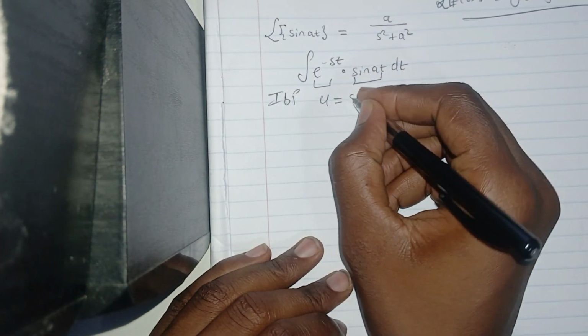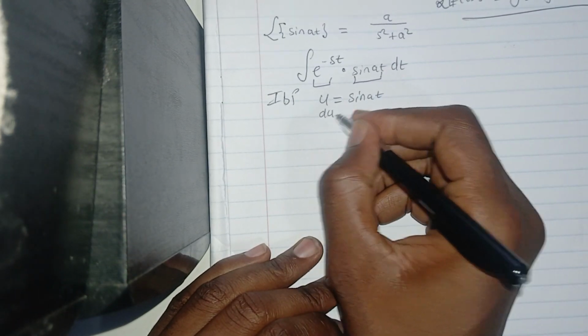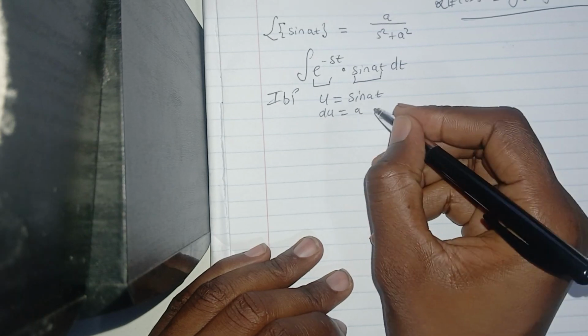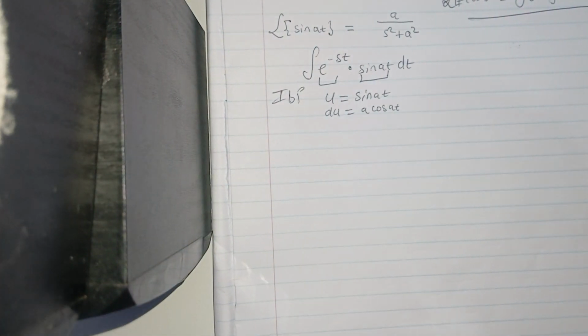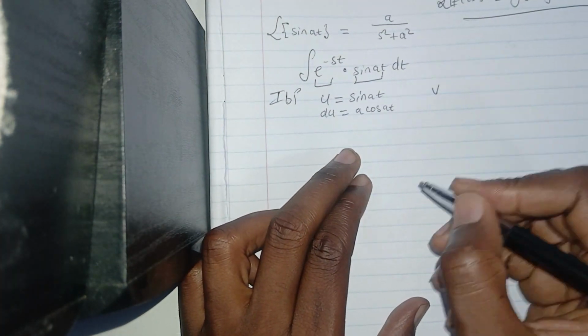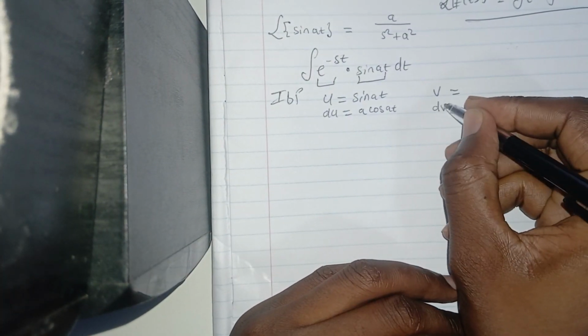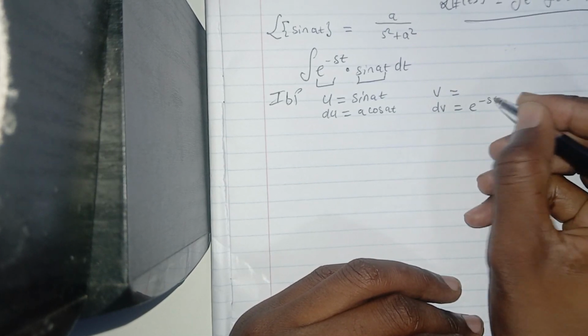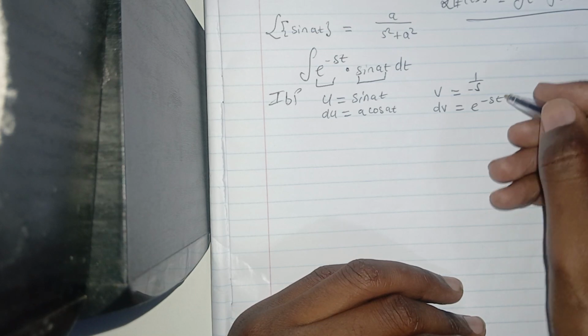u is equal to sin at, du is equal to a cos at, right? Then v is equal to 1 over negative s.